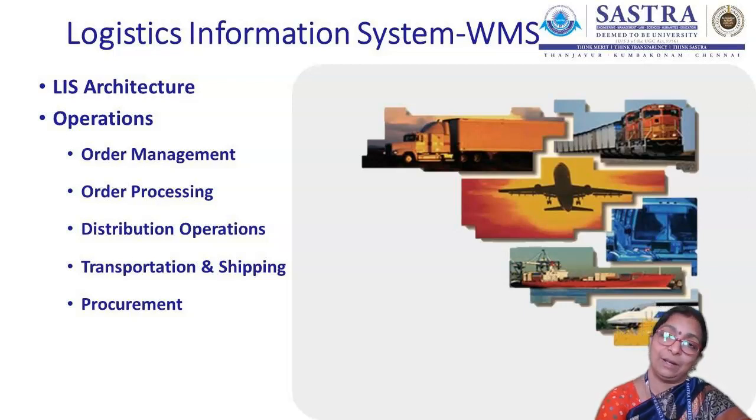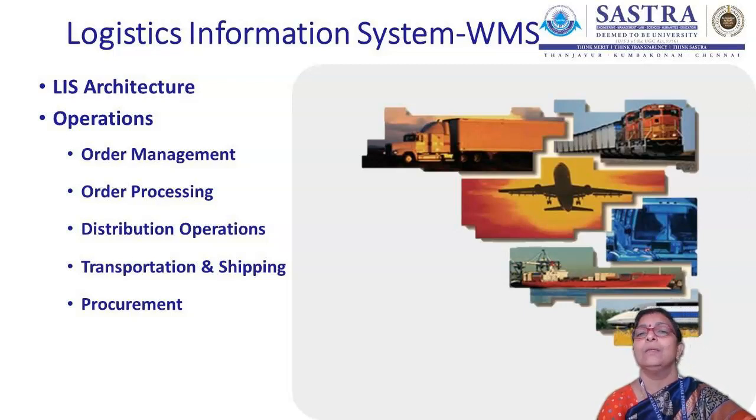In the earlier stage of distribution systems, the LIS focused only on directing warehouse operations and activities. Now, with the help of recent information technology tools, we are able to relate it with all other functions of logistics.